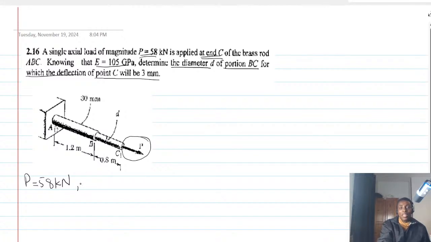But let's not forget that the entire ABC is brass, which means that the Young's modulus is applicable at any point along the section, because it's a brass rod, and the Young's modulus is 105 gigapascal for this problem.